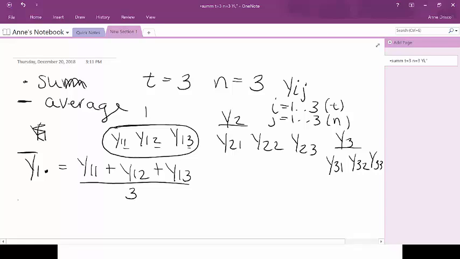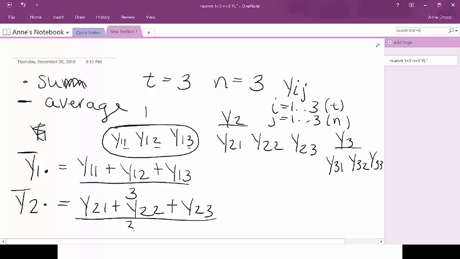If we were going to do y2 dot bar, we would have y21 plus y22 plus y23. Right there, you just have y2 dot, right? But if we want to have a bar, we divide by 3.